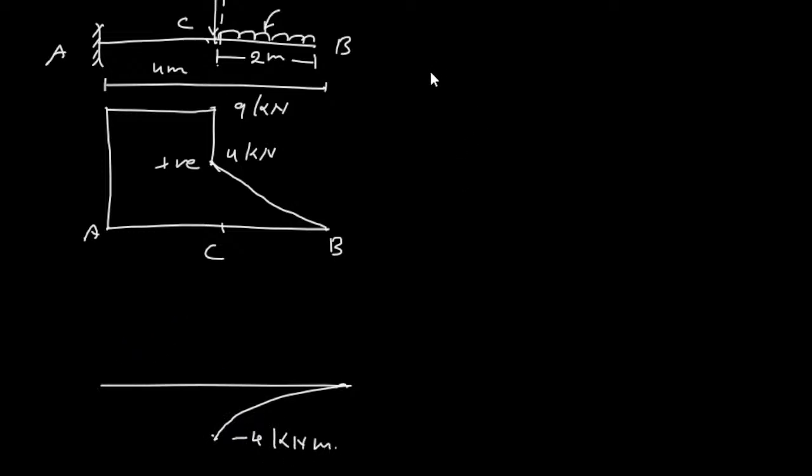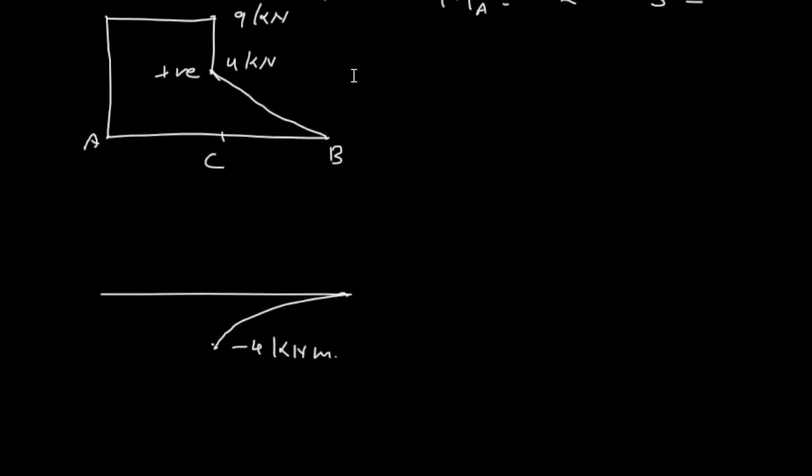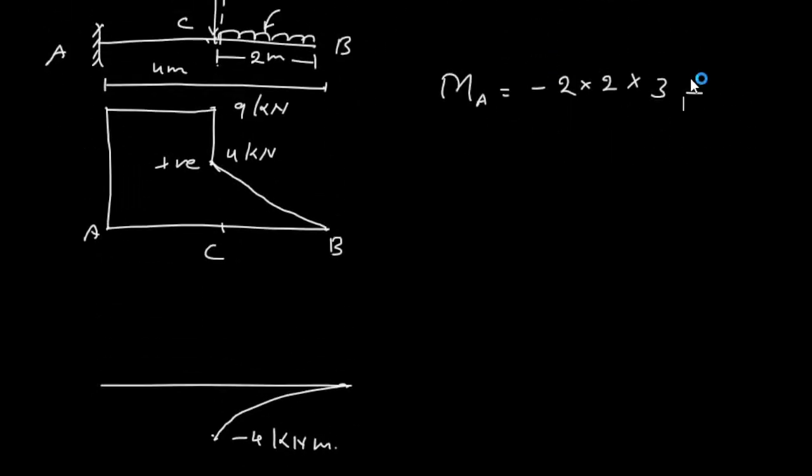Then at point A we will find the moment. It will be 2 times 2 for the UDL, and it is acting at 1 meter from point C, which means from point A it will be 3 meter. This is negative moment, and then there will be a negative moment because of the point load of 5 kilonewton. The 5 kilonewton is acting at 2 meter, so it is 5 times 2.